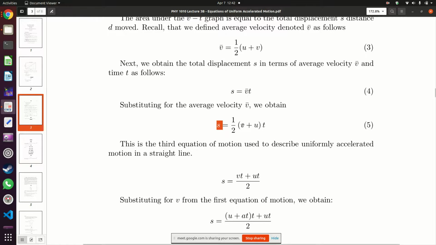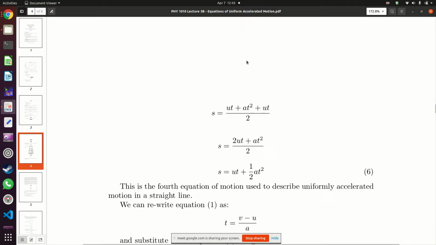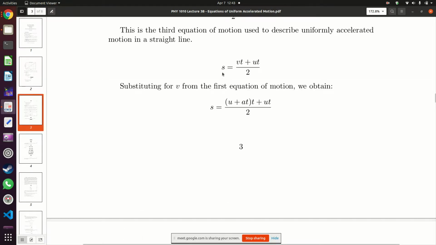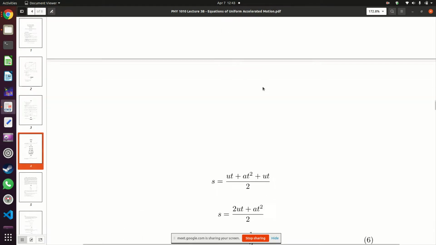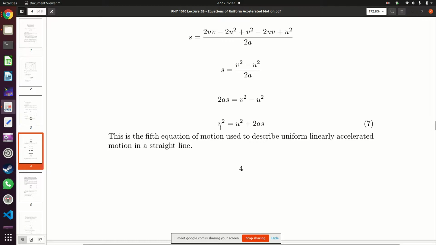So we came up with this, then we did some substitution, then we came up with another way of working out what the displacement is going to be, which is this. s is equal to ut plus half at squared. We did some substitution. In place of t, we replaced it with v minus u divided by a, and we ended up with this: v squared is equal to u squared plus 2as.